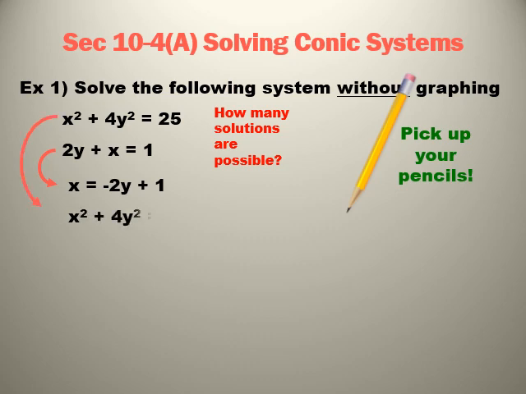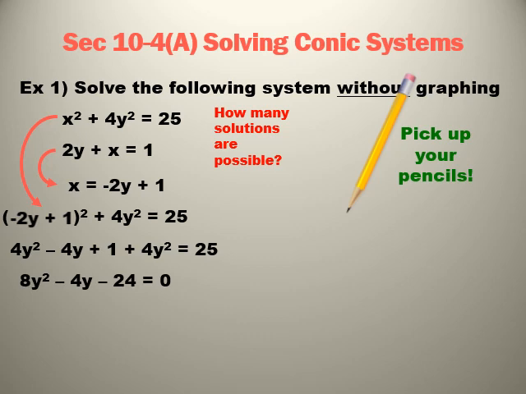And that way I can do a substitution. I can take the x out and plug the negative 2y plus 1 into the place for x. And then that quantity is squared. Now I have an equation just for y. I simplify it. Expand that binomial squared and combine like terms.